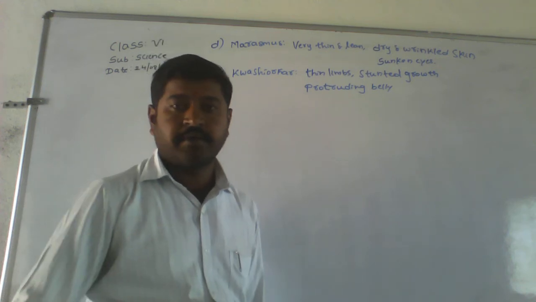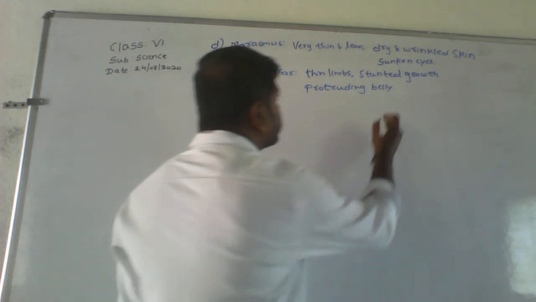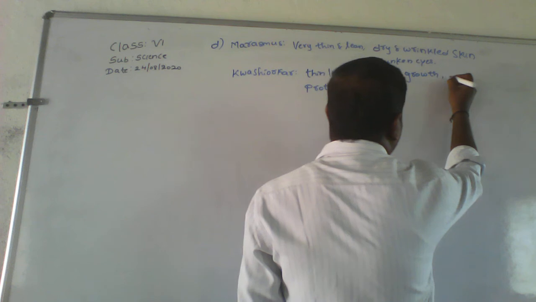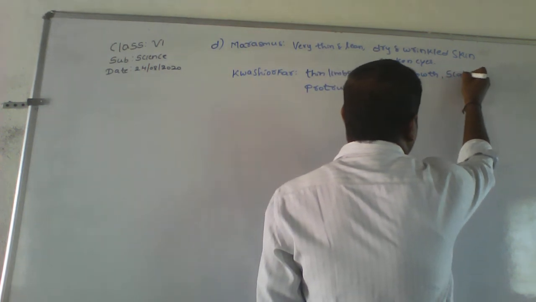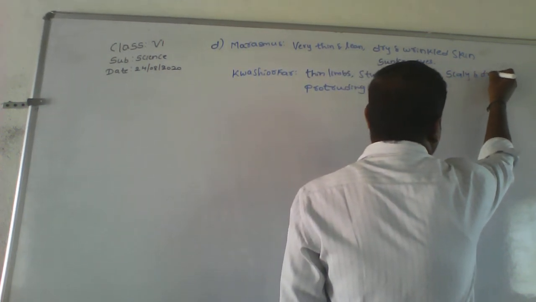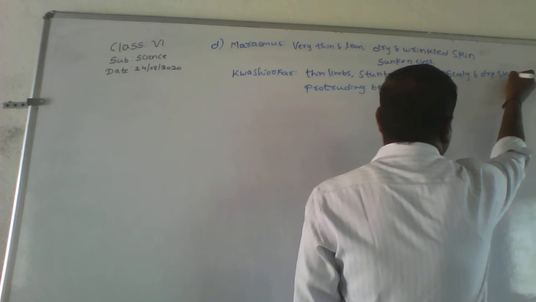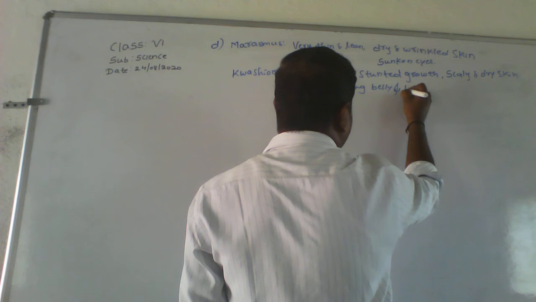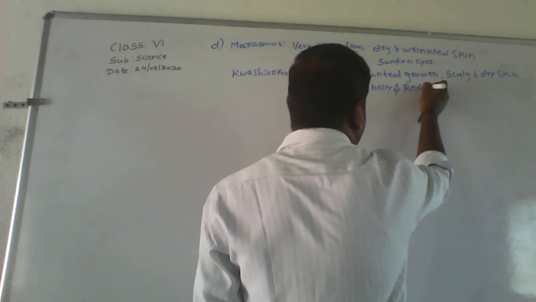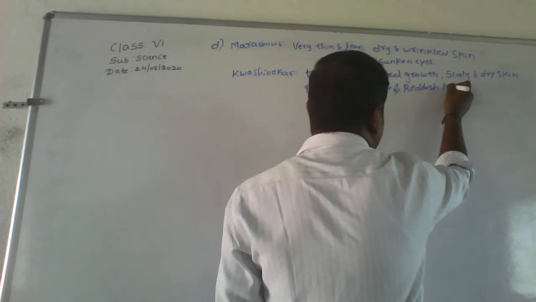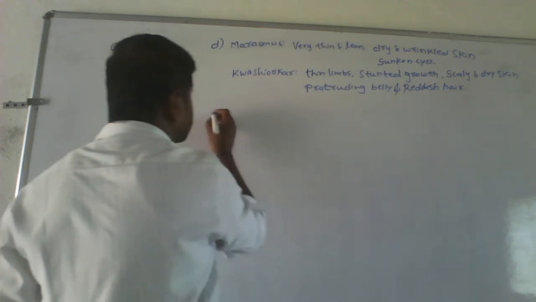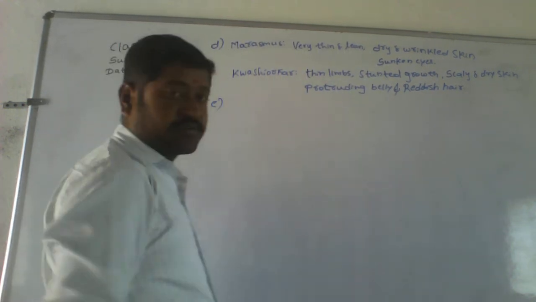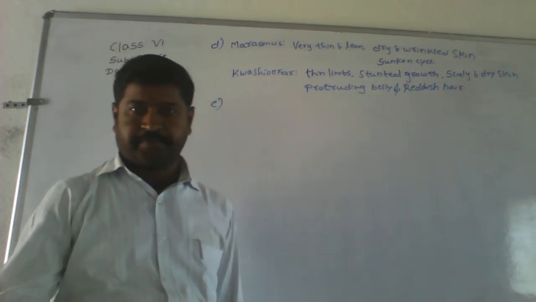Scaly and dry skin, protruding belly, and reddish hair. So these are the symptoms of marasmus and kwashiorkor.